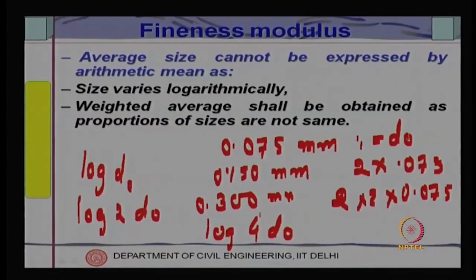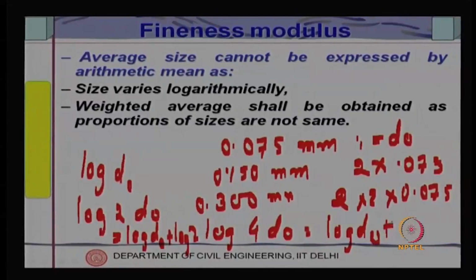So, in log scale they will vary in arithmetic progression, because every time you are adding log 2. This can be written as log d 0 plus log 2, then log d 0 plus 2 log 2 and so on. So, it varies in arithmetic progression on a logarithmic scale. Sizes are in geometrical progression, and therefore, they vary logarithmically.